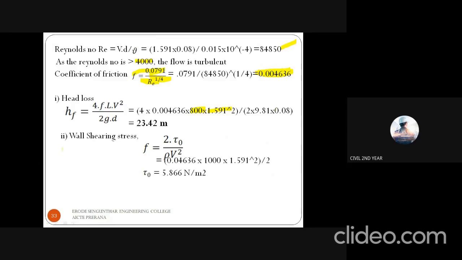Then the second parameter, wall shearing stress. F is equal to 2 into tau naught divided by rho into V square.